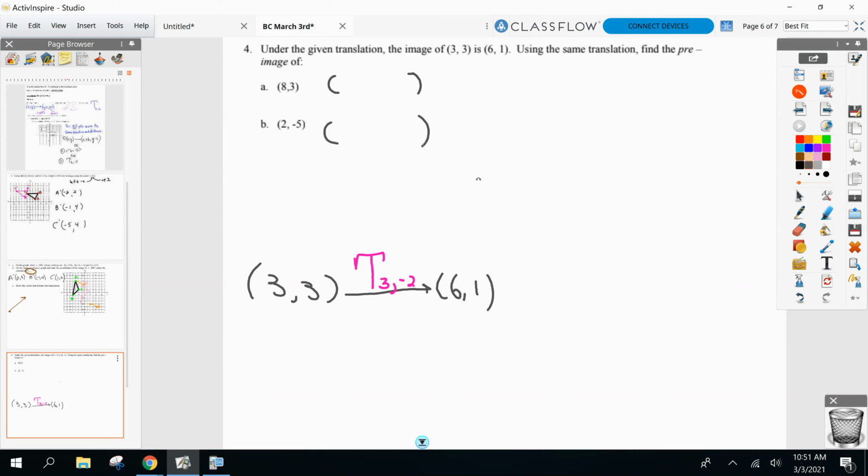This is assuming we're using the same translation rule for these two. Correct, yep. It says using the same translation rule. So remember, guys, on part A and B, that's where you ended, not where you started.